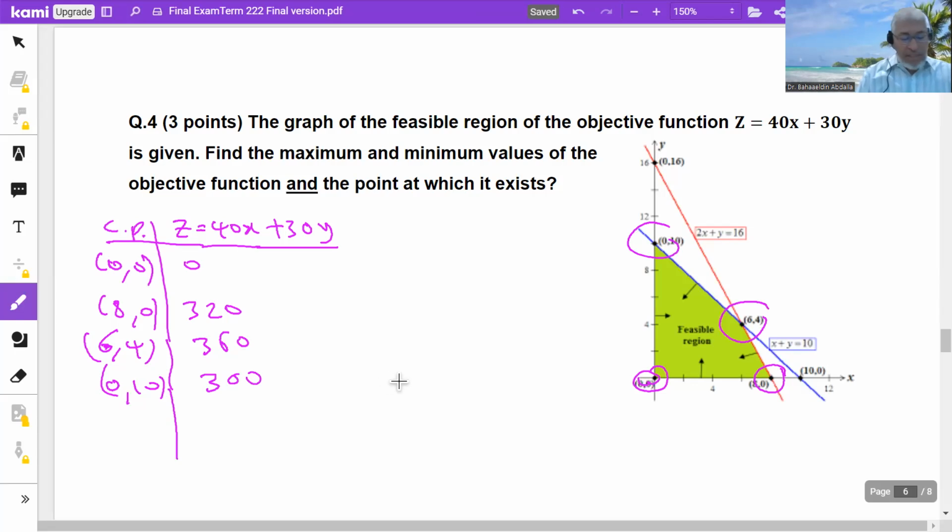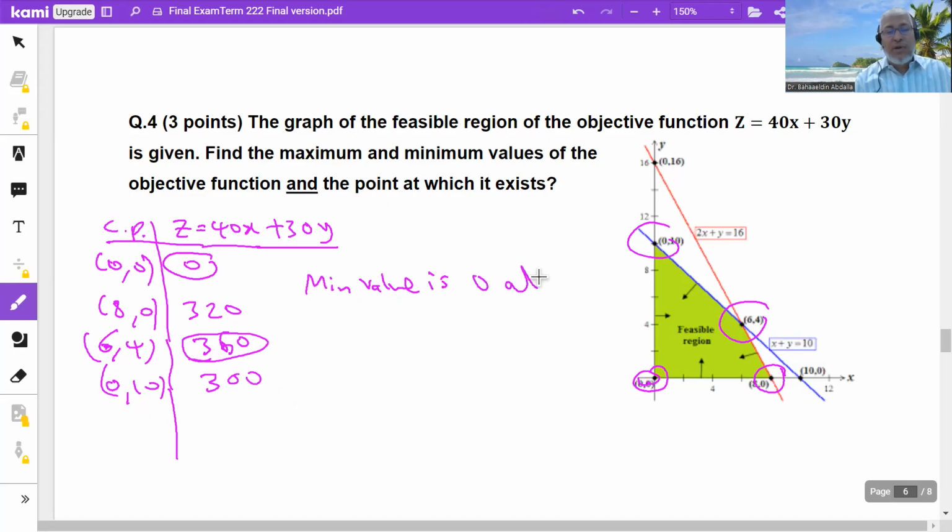So these are the Z values. And it's clear that the maximum is this one, and the minimum is this one. So you can say minimum value is 0 at 0, 0, and maximum value is 360 at 6, 4.